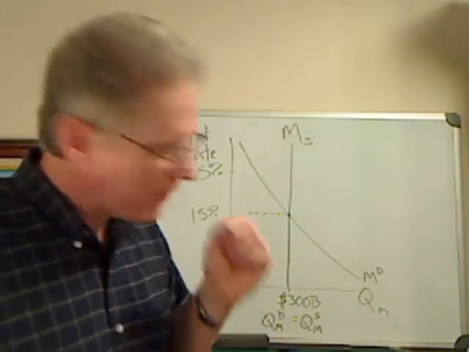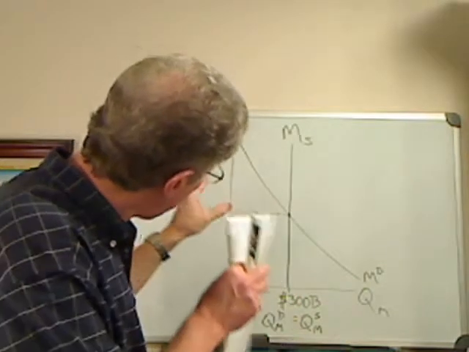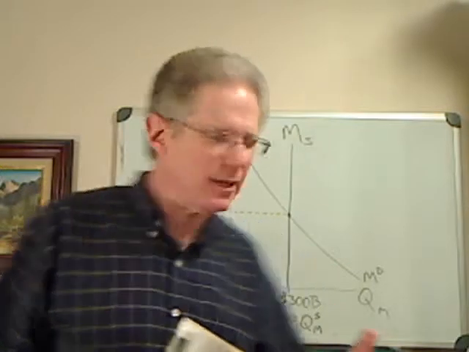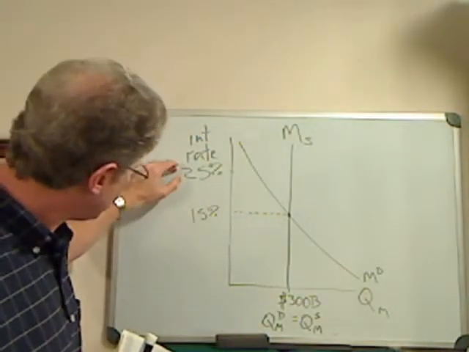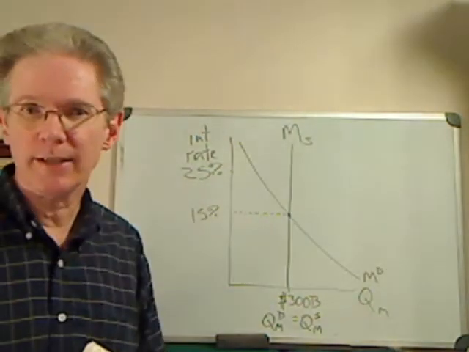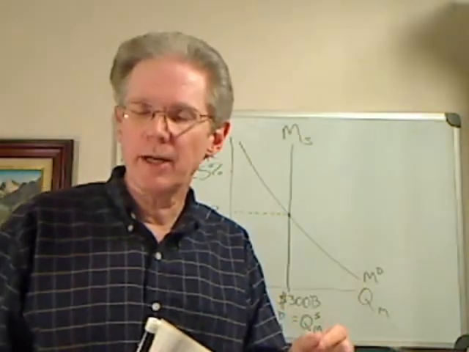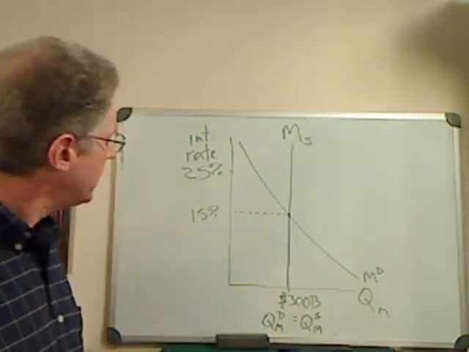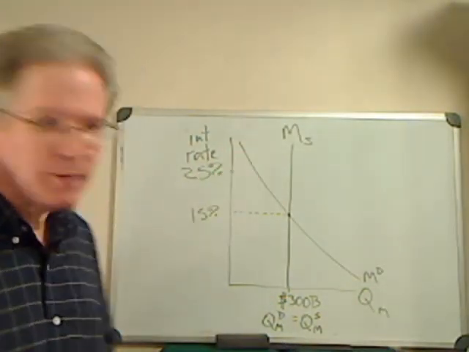Okay? Think about what that implies about the current state of this market. So you look at the interest rate we're assuming, and you ask, what will the quantity demanded be? Which just means, how much money will people want to hold at that interest rate? What will the quantity supplied be?